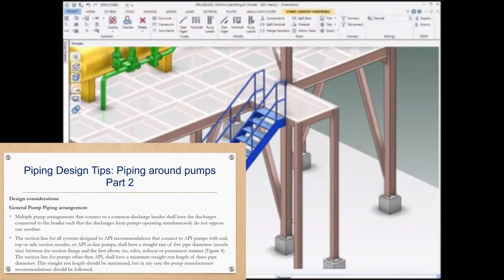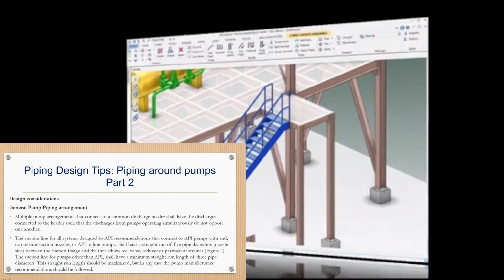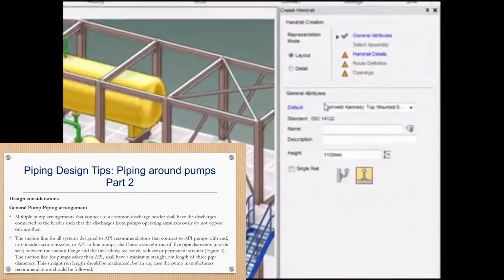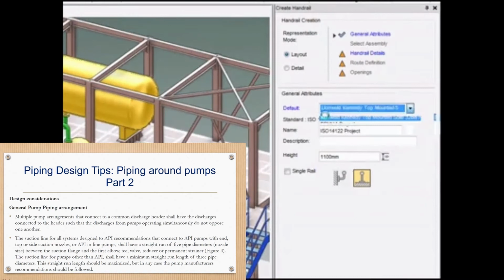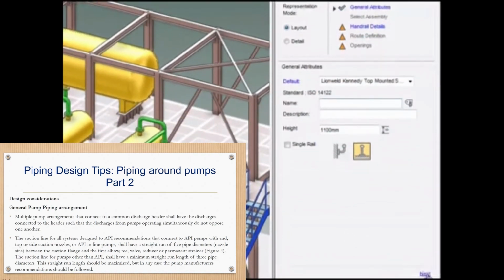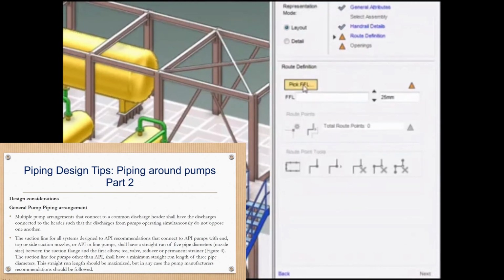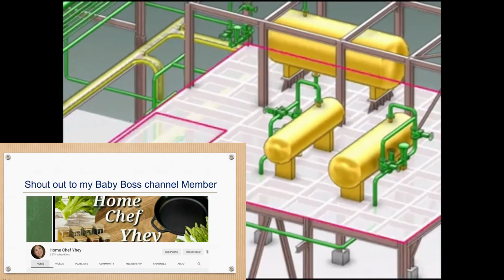The suction line for pumps other than API shall have a minimum straight run length of 3 pipe diameters. This straight run should be maximized, but in any case, the pump manufacturer recommendation shall be followed.